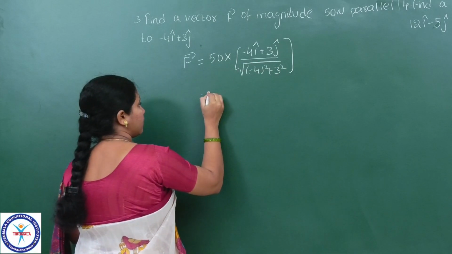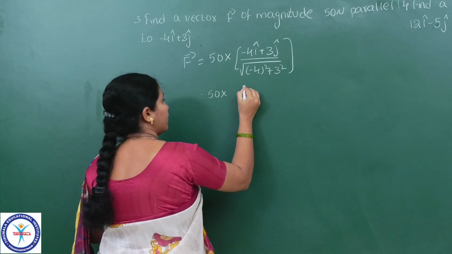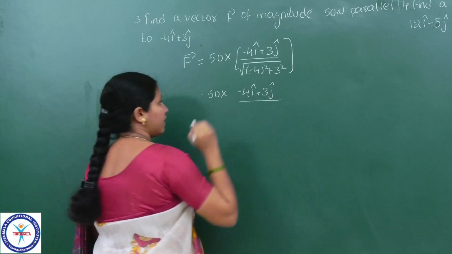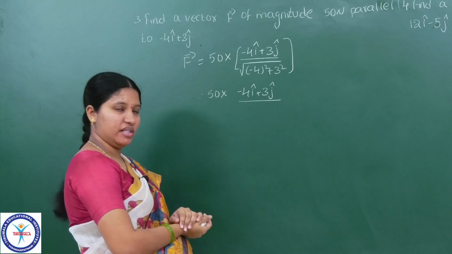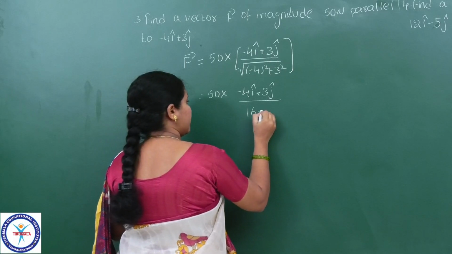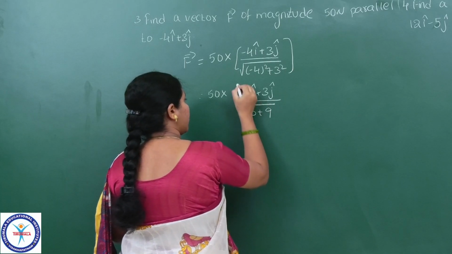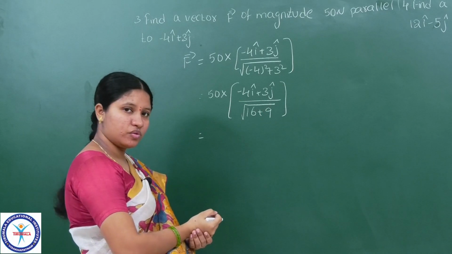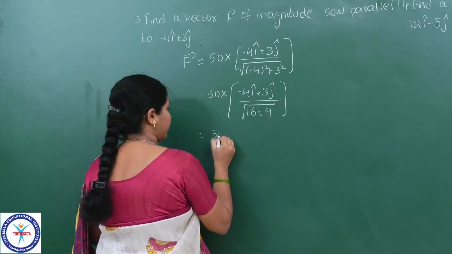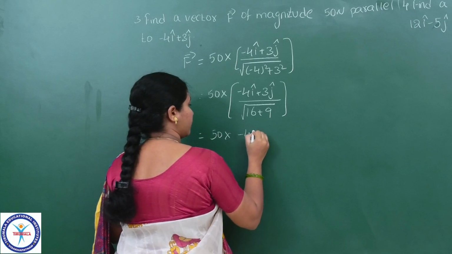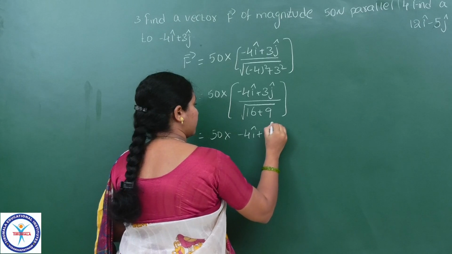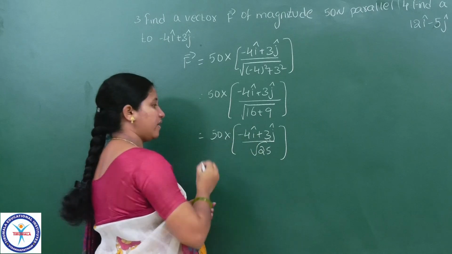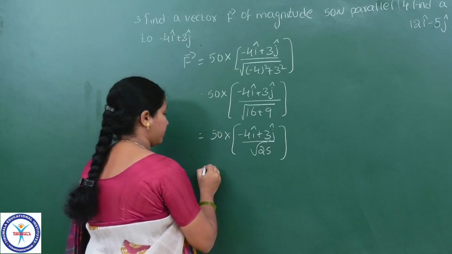So we get 50 into minus 4i cap plus 3j cap divided by, minus 4 square is 16 and 3 square is 9. So square root of 16 plus 9. So 16 plus 9 gives us 25. So root 25 can be written as 5.